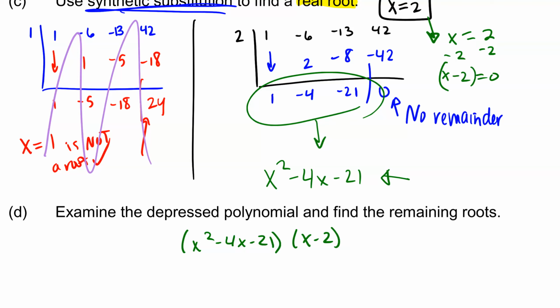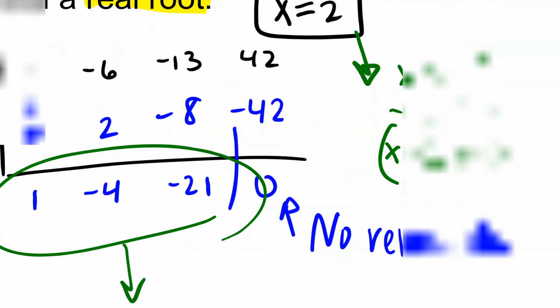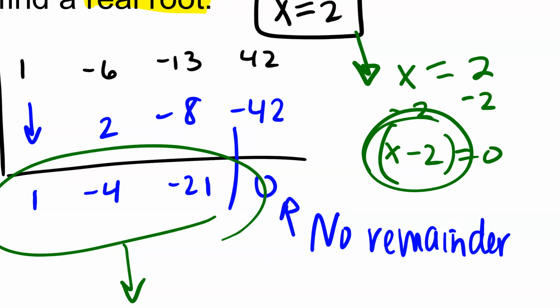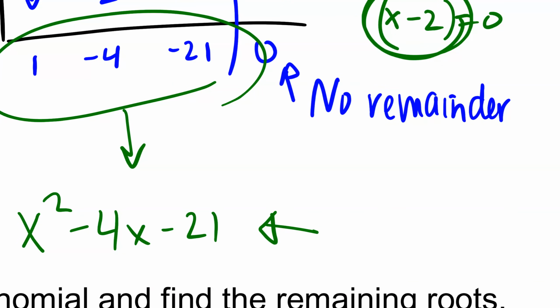Well, this is what we started the class with yesterday. If it's set equal to 0, this is the factored form of my root x equals 2. That's why I spent like 5 minutes at the beginning of class yesterday going over this. So x minus 2 is a root, and if I multiply, it's a factor. If I multiply by the depressed polynomial, I'll get back my original polynomial.